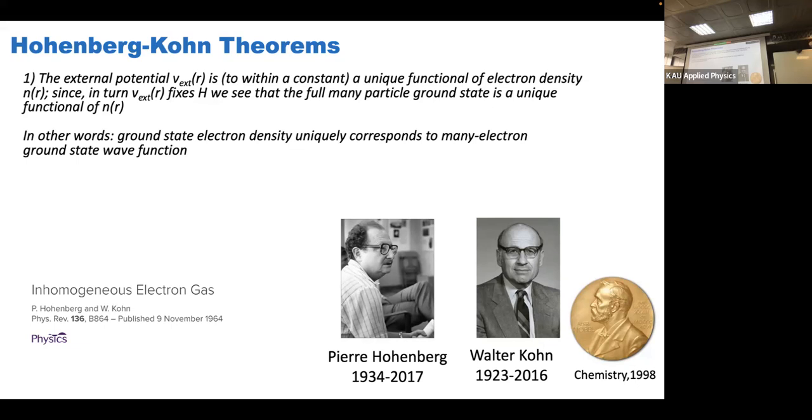Electron density is psi multiplied by psi complex conjugated, and we can take different kinds of psis and create the same electron density. But these two showed that if we deal with the ground state, only one wave function corresponds to one electron density.